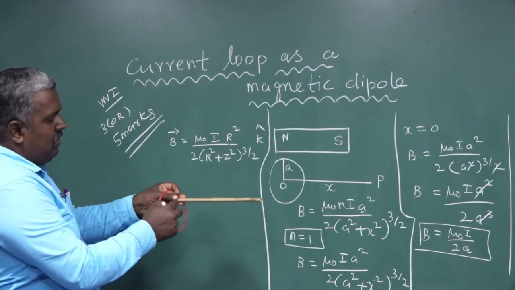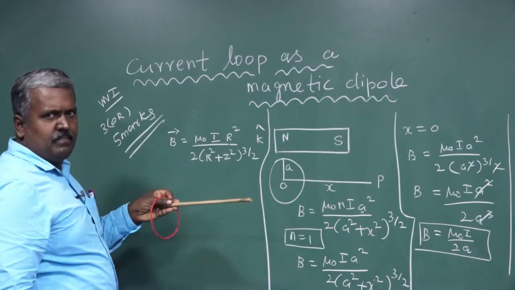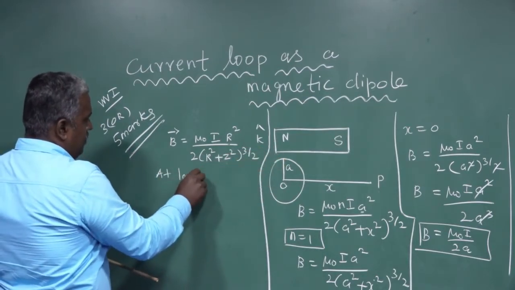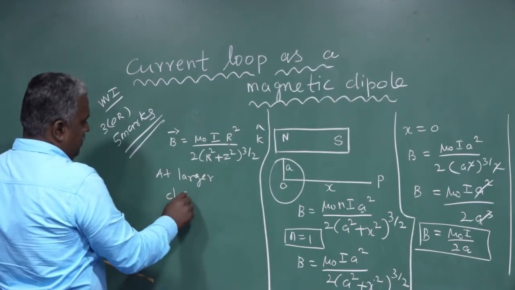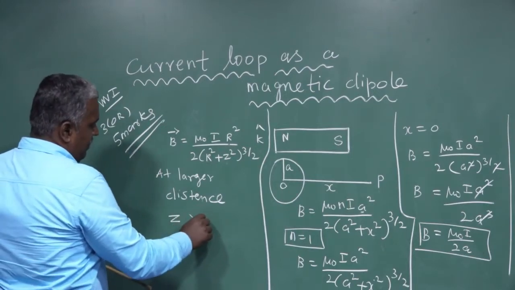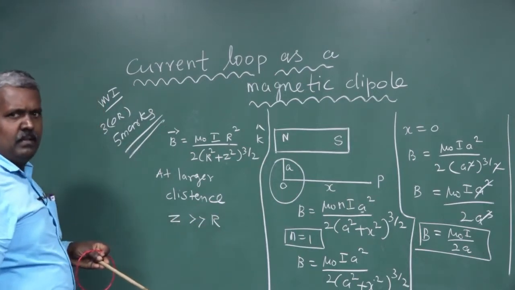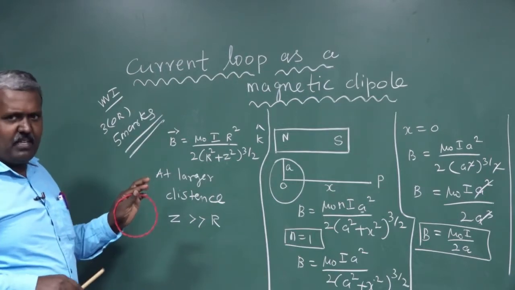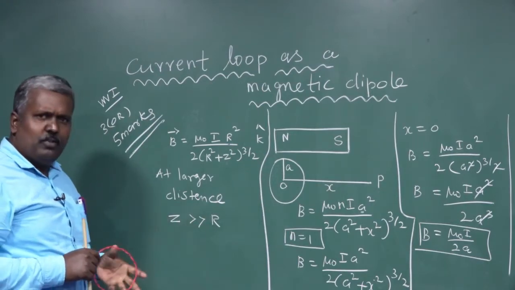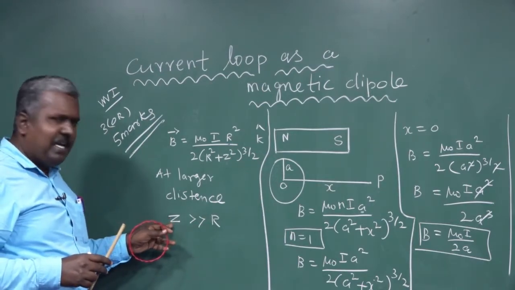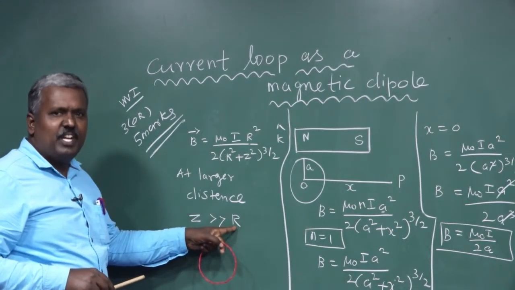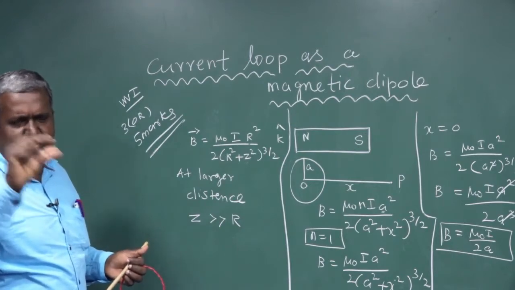So at a larger distance, Z very much greater than the radius of the circular loop. Am I correct or not? At a larger distance. So comparing Z with the radius of the circular loop, R is almost negligible, very small radius.